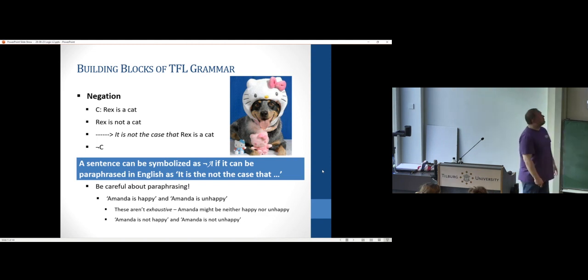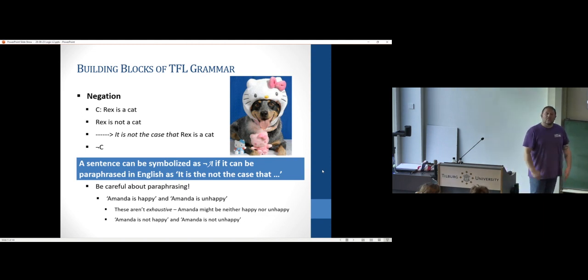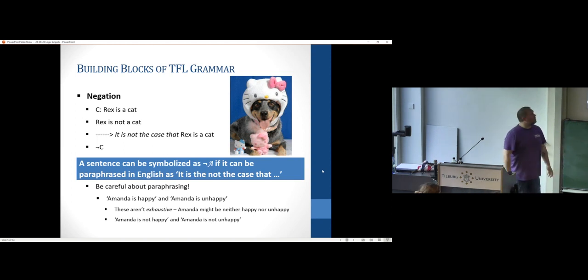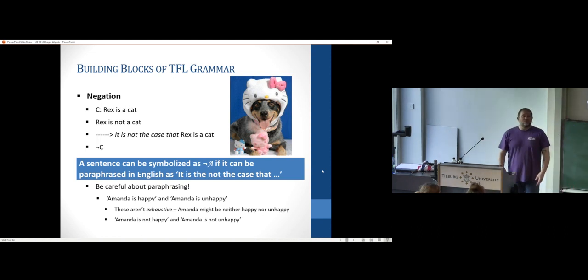And we can see that it's incorrect because these two aren't exhaustive. Amanda can be neither happy nor unhappy. She can just be meh. That is, there's a gap between happiness and unhappiness. Or to put it another way, "Amanda is not happy" and "Amanda is not unhappy" can both be true, because she's just meh.